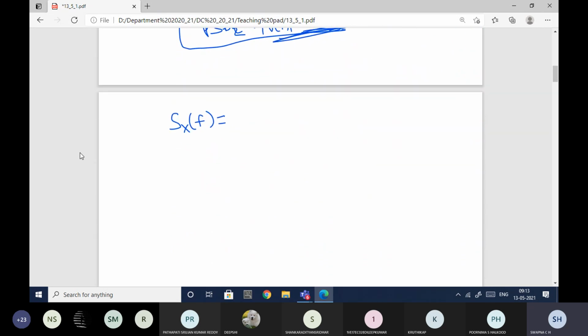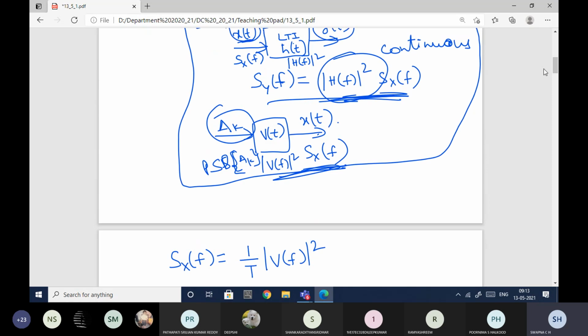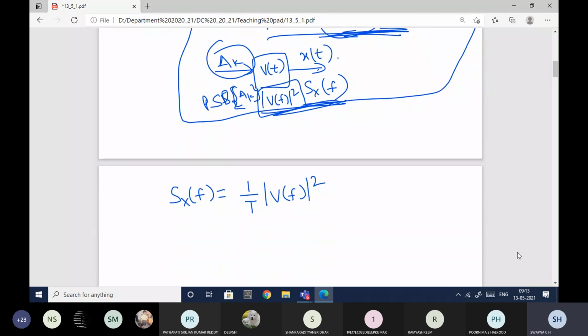Sx of f is generally found by taking 1 by T mod V of f whole square, into summation n equal to minus infinity to plus infinity Ra of n e power minus j 2 pi f n T.